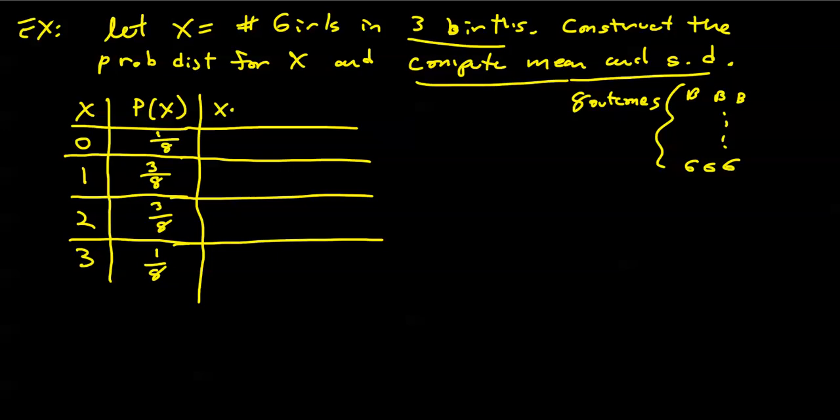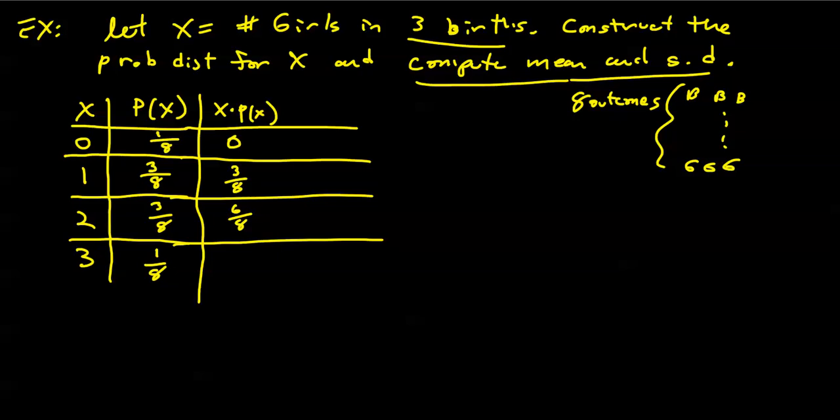Well, to compute the mean of the probability distribution, I'll need to take x times p of x. Let me do that first. Well, 0 times 1/8 is 0. 1 times 3/8 is 3/8. And I'll leave these as fractions, I think I can handle these values as fractions for this particular example. 2 times 3/8 is 6/8, and I'm going to leave them unsimplified for later purposes.